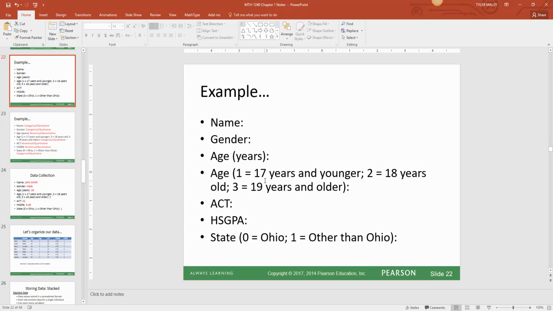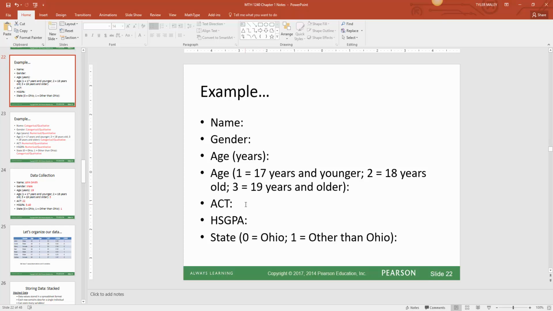So if we give a 1, that means the person is 17 years and younger. If they get a 2, they're 18 years old, and if we code it with a 3, they're 19 years and older. So this would be categorical, but we are coding it with a number.